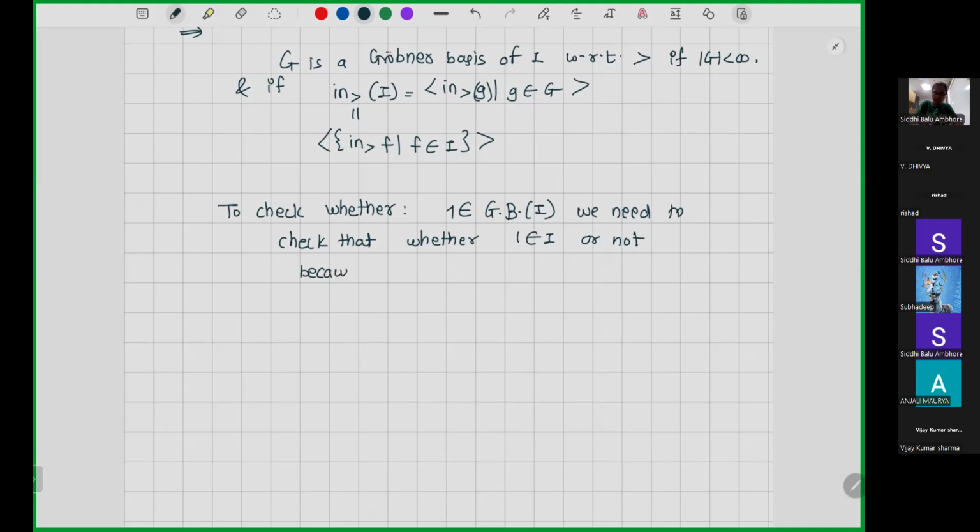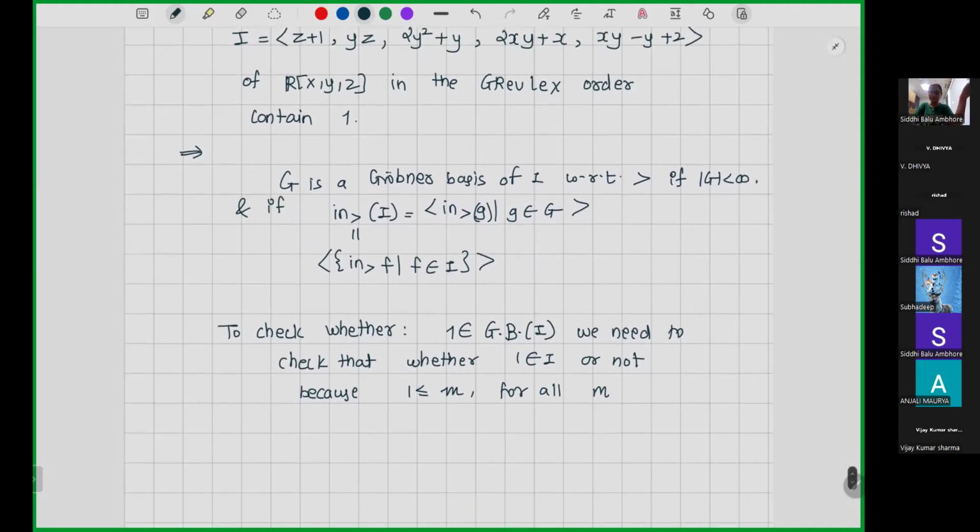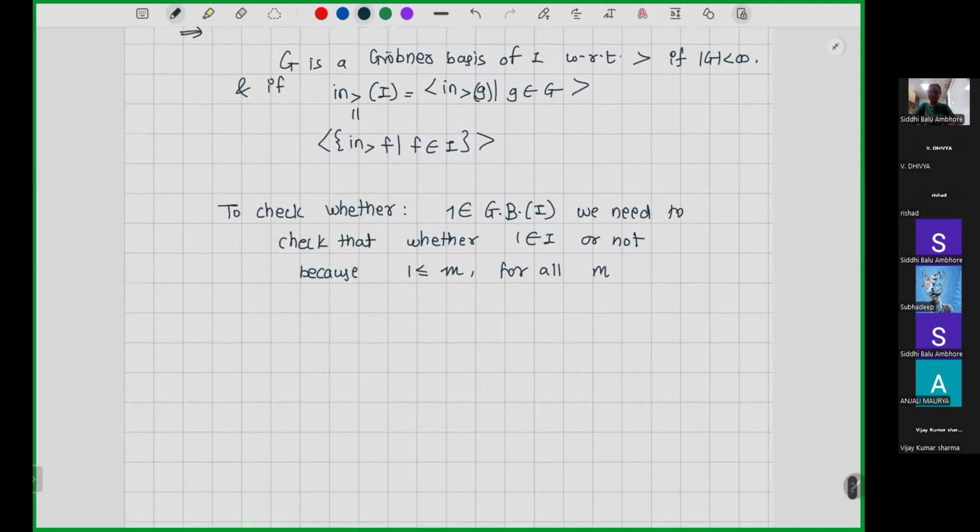Because if we can manage to show that some polynomial like x is not there or y is not there, then we are through, because if 1 is there, it will be the whole ring. That kind of stuff you are trying to do? Yes. Okay. So can you produce such an element?